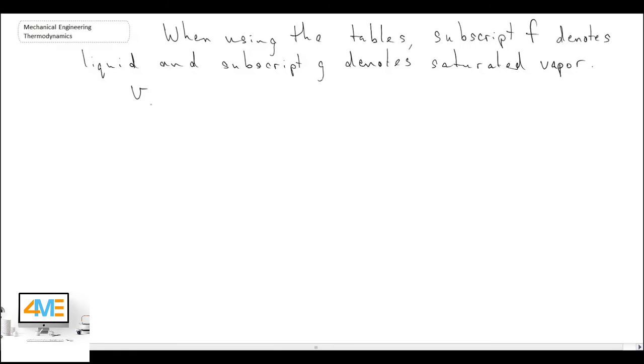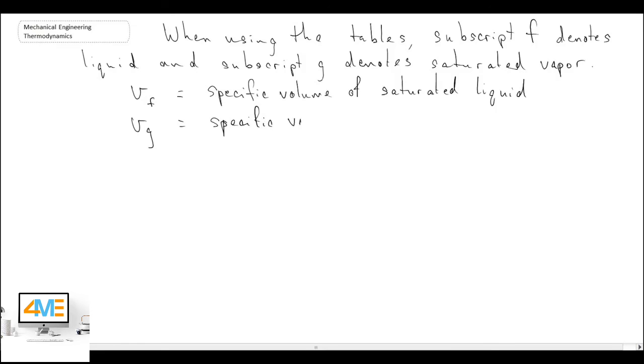So, for example, for a specific volume, we had v subscript little f. That is the specific volume of saturated liquid. We had v little g. That's the specific volume of saturated vapor.